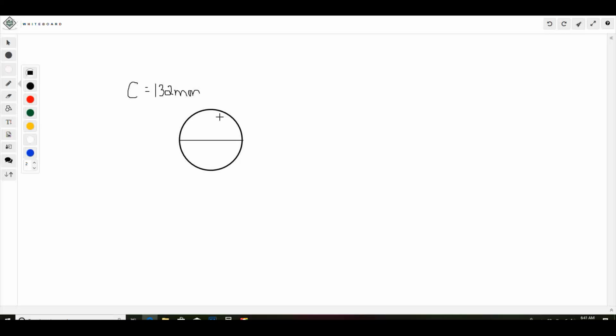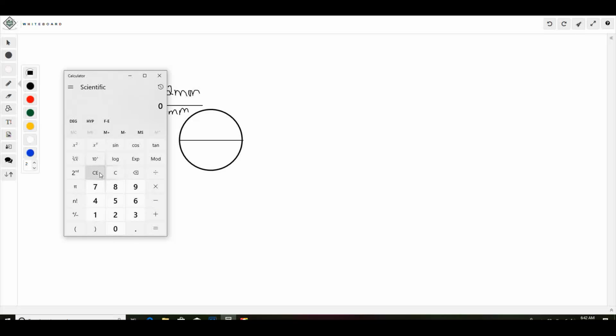And then see here, they measured the diameter of this one as being 42 millimeters. Now, it says, let's find something in common. So it says to take these two and divide.